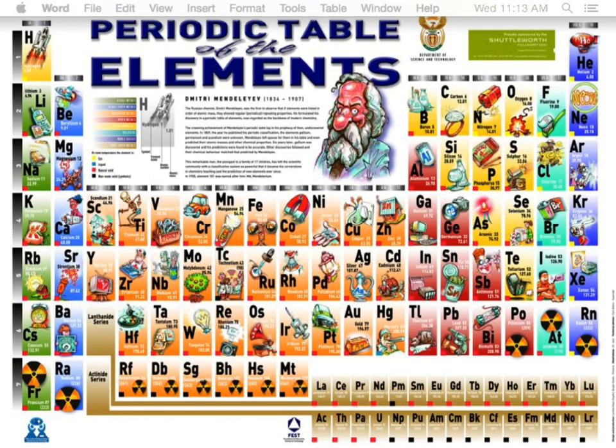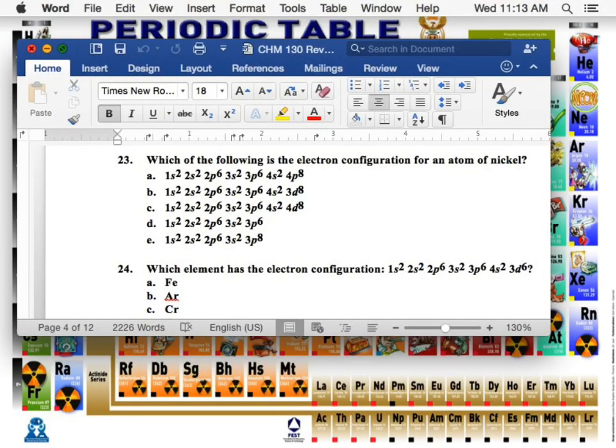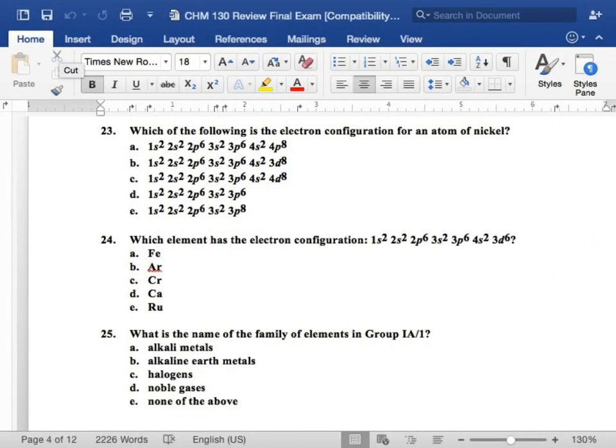So with that, I would then go back to the exam. Because I had the periodic table directly in front of me, where I didn't have to flip or move to it, I could look back and forth at these things without having to oscillate back and forth on a computer. I would look for the last electron configuration to be 3d8. So 4p, 3d, 4d, 3p. That says 3d8.